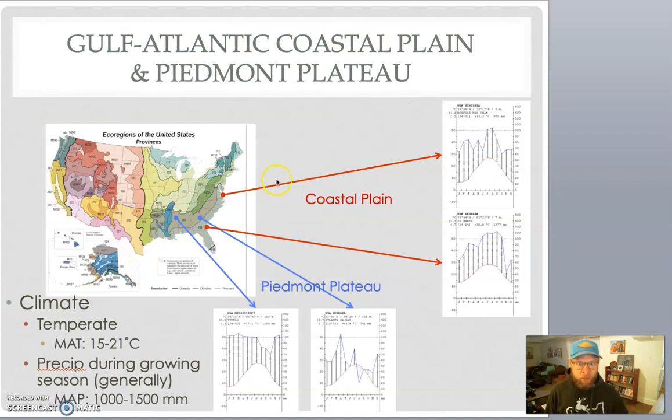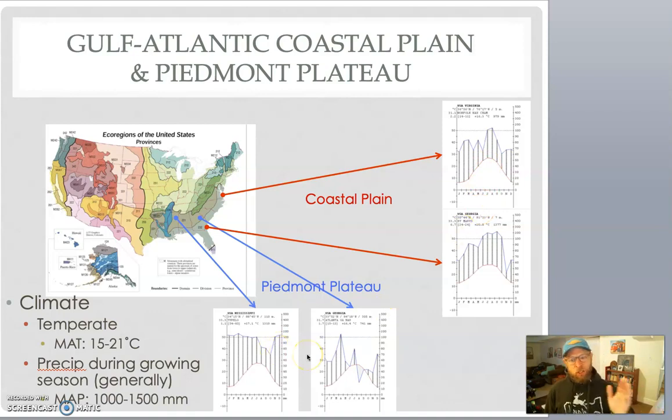The climate in the region, here's just a few examples. What I really want to point out here is the transition from a uniform precip distribution or definitely summer dominated precip. So these two on the right here show coastal plain climate diagrams.